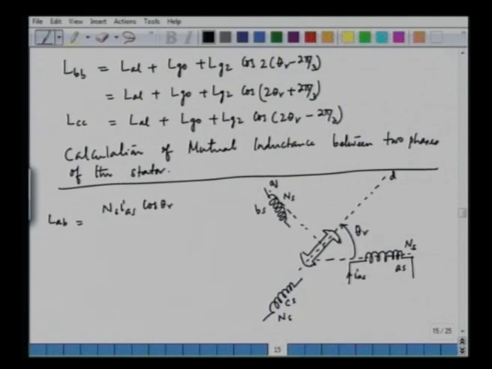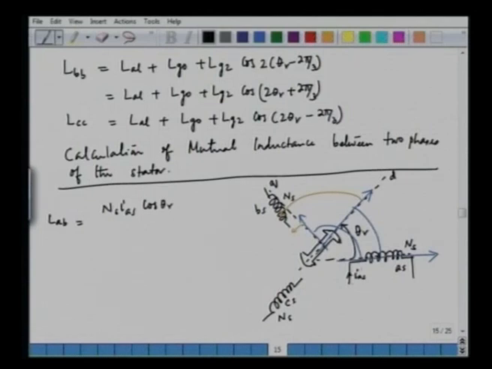Now, we have to find out how much of this flux produced by phase A is linking phase B. So, the flux is produced by phase A. We can resolve this component along the d axis, find out the flux here, resolve this component along the q axis and find out the flux here, and this flux is again resolved back onto phase B, and we can find out how much flux is linking phase B due to the unit current in phase A. So, that is what we can find out here.